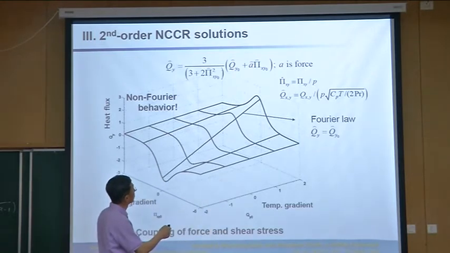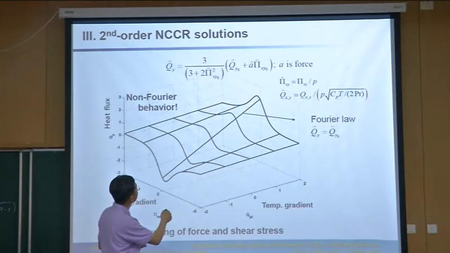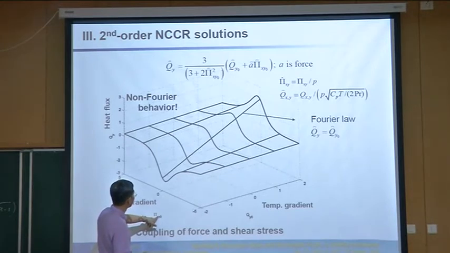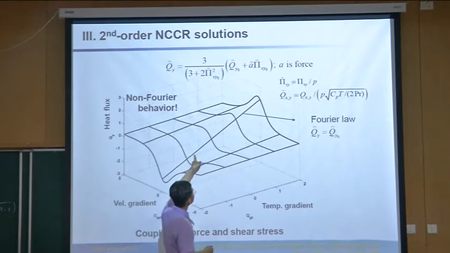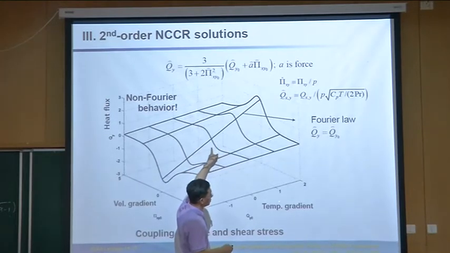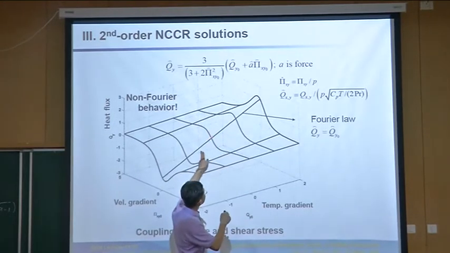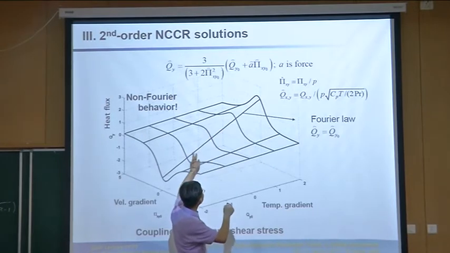So if A is 0, then you could only have this kind of thing. Because of that, in the Fourier law, these terms cannot contribute, which means this is 0, which is this line. So it is just the temperature gradient, with linear proportion, like this one.